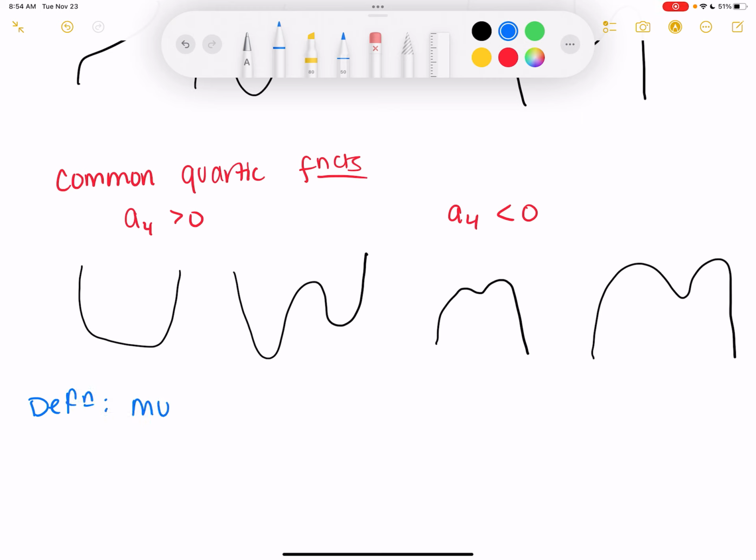Definition: multiplicity of a 0 of a polynomial function.